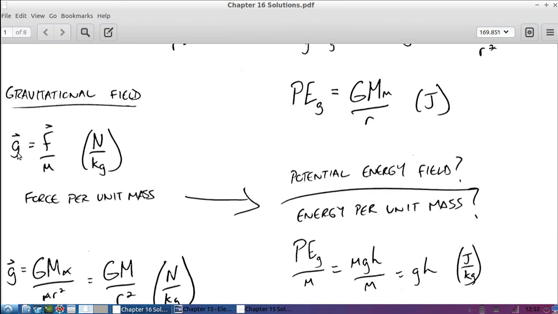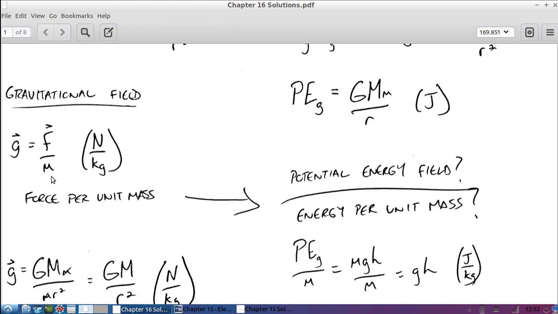Lowercase g we calculated based on Newton's law of universal gravitation, and I'll show you where that comes from. But I look at these units, and they're also in units of newtons per kilogram. So an acceleration is in units of force per unit mass.